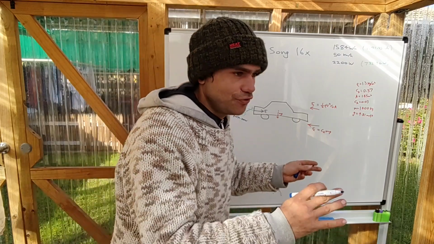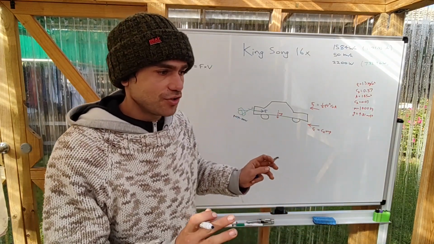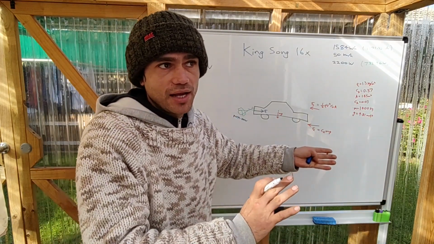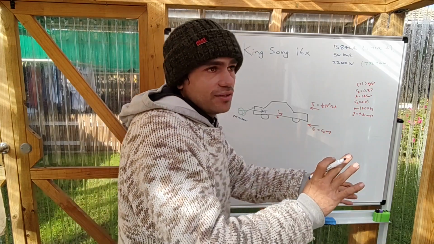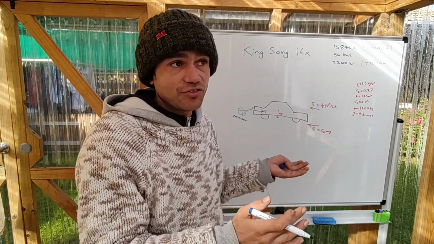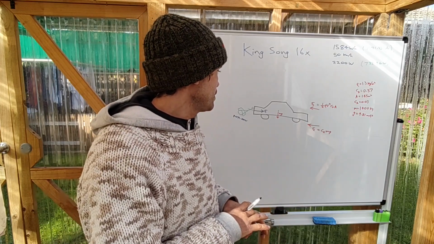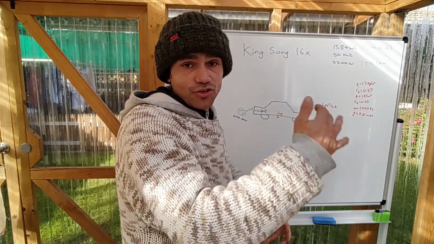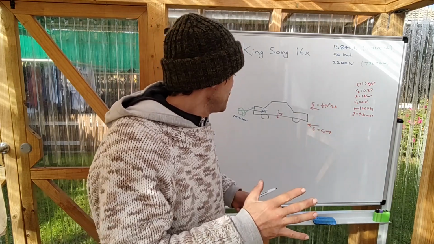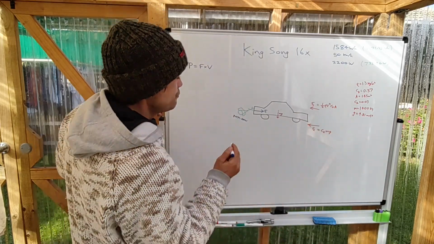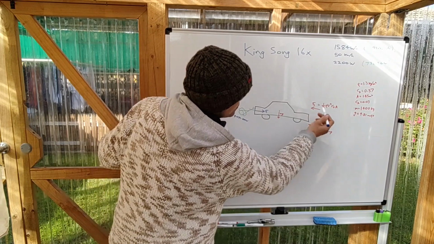Because think about it, when you first start pushing a car that's not moving, it's going to speed up, right? And then it's going to reach a speed and maintain that speed based on how hard you're pushing it, right? So when it's at that top speed that you're going to reach, you've got equilibrium, meaning the force here is equal to the resistive forces.